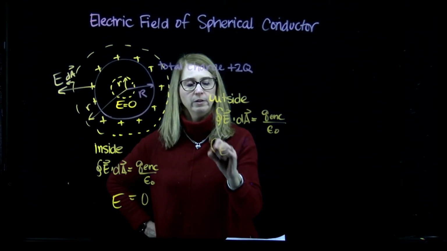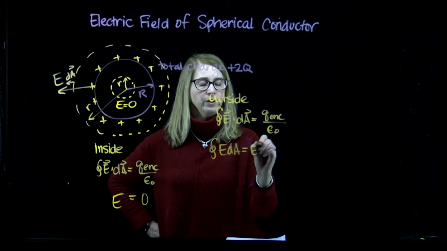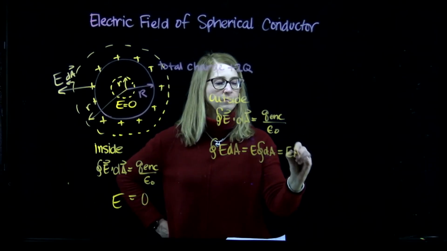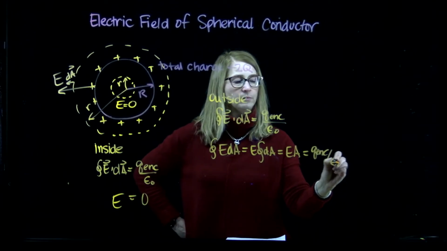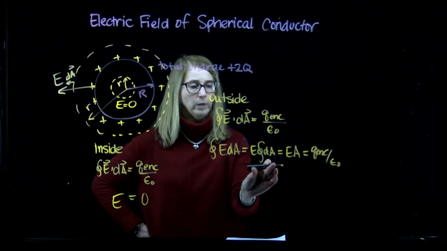So the electric field is parallel to the area vector, and the electric field is constant on that surface. And so I can simplify that integral a couple ways.